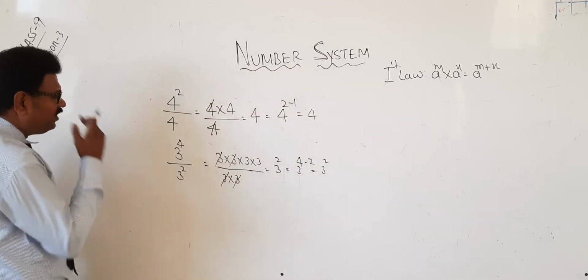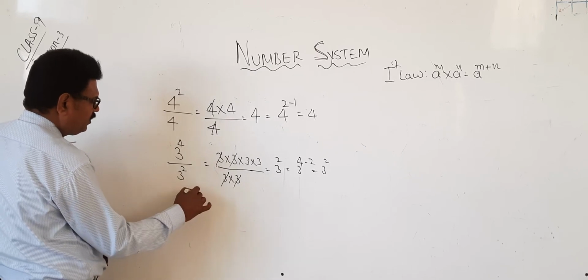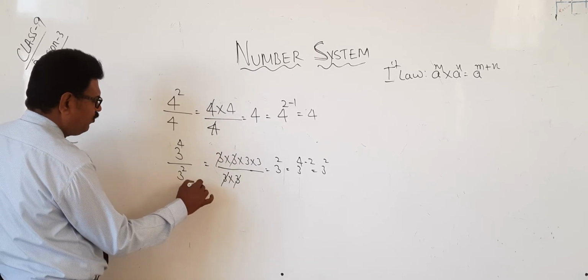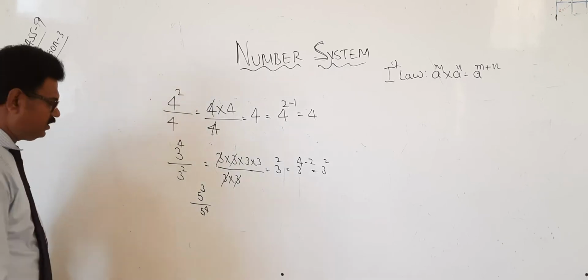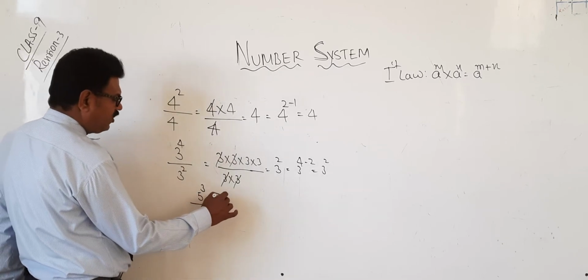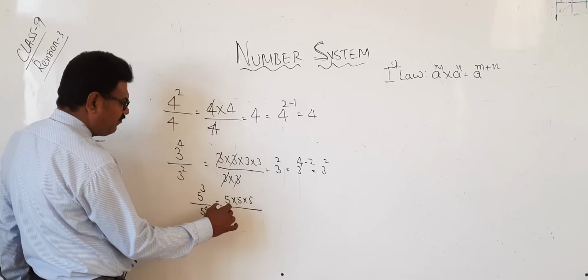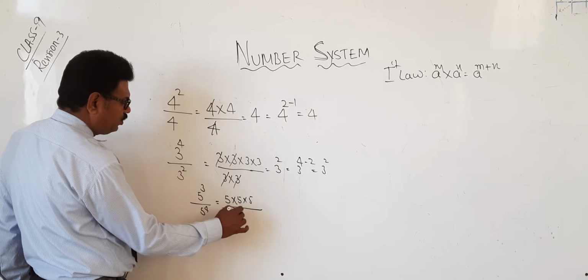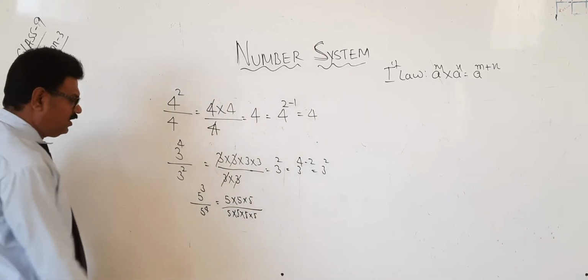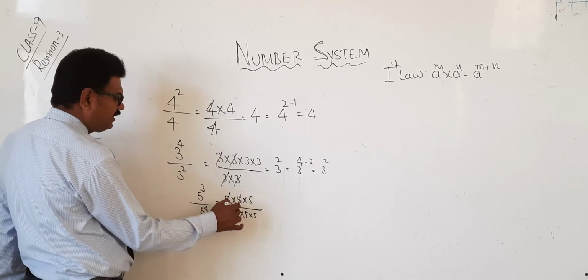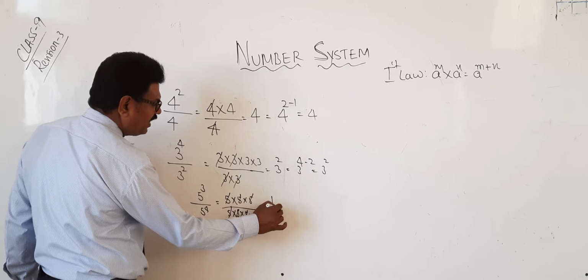One more example we study: 5 cube divided by 5 to the power of 4. 5 cube means 5 into 5 into 5, divided by 5 to the power of 4, which is 4 fives. After cancelling, what is remaining? 1 by 5.